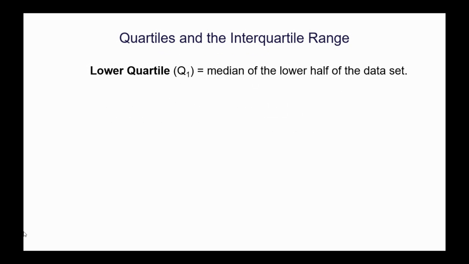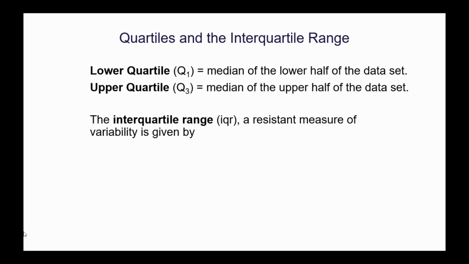The upper quartile is the median of the upper half of the data set. And of course, the interquartile range is a resistant measure of variability given by the upper quartile minus the lower quartile. Or you can say Q3 minus Q1.